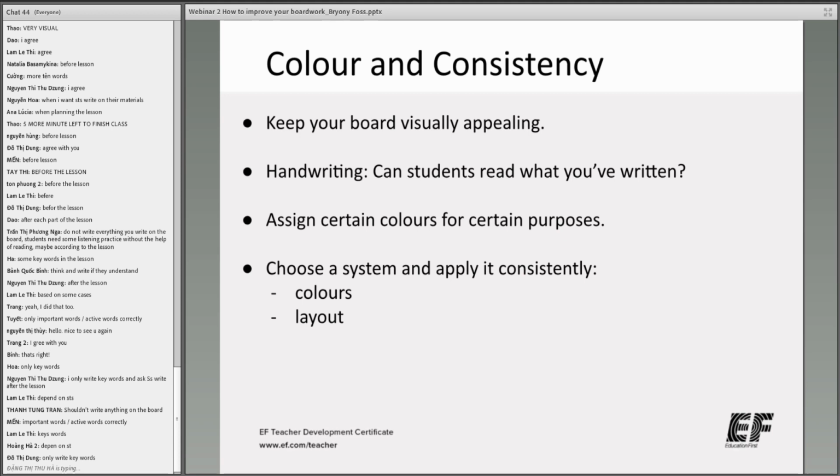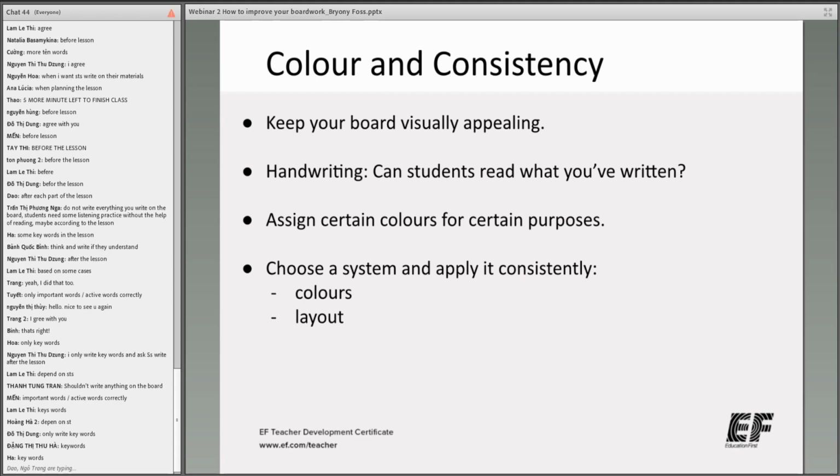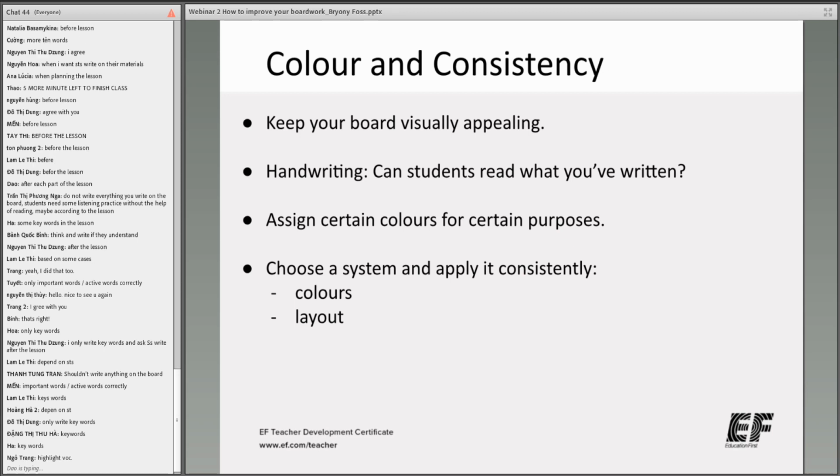Also, we can use different colors when we're writing on the board, and different colors can be very useful. They can highlight and indicate different types of information. As you saw in the photo of my vocabulary list, different things have been marked in different colors. For example, you can add the stress in one color.